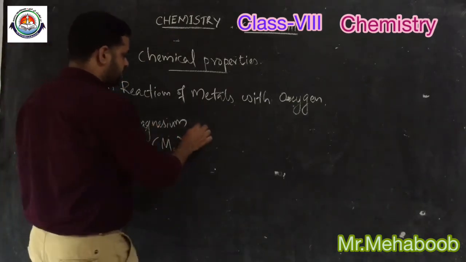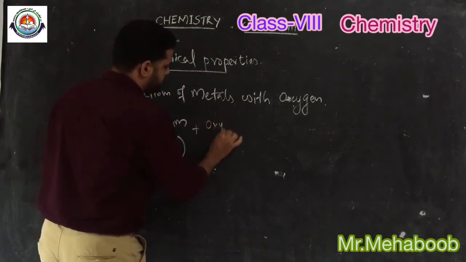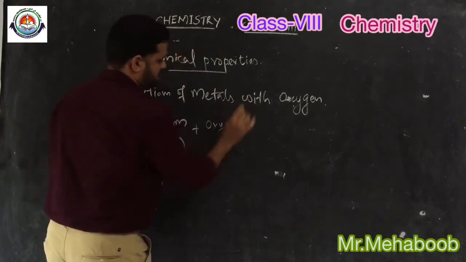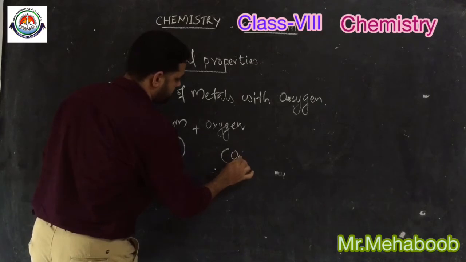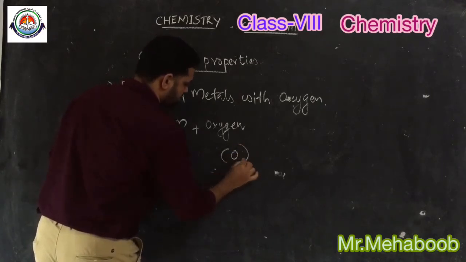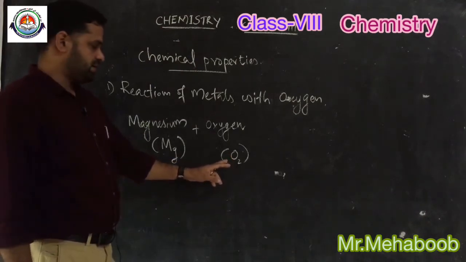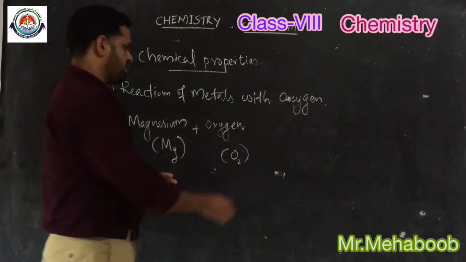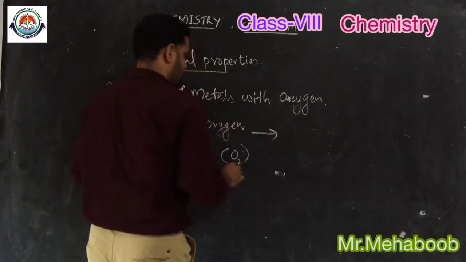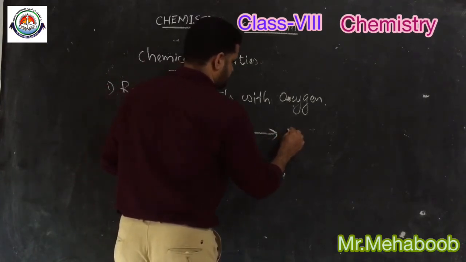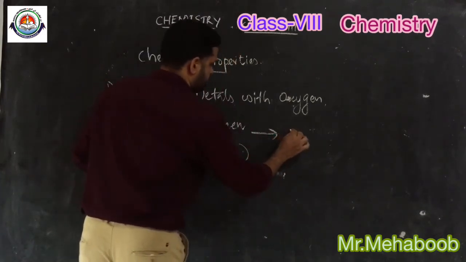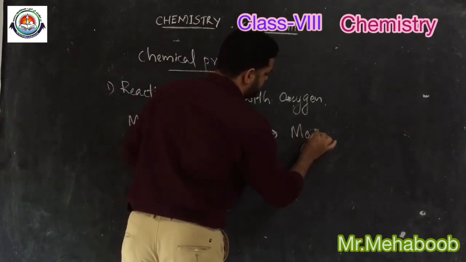Magnesium reacts with oxygen. The symbol of oxygen is O, and here we take O2. Then we get magnesium oxide.